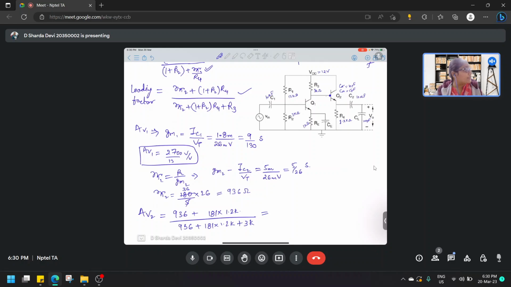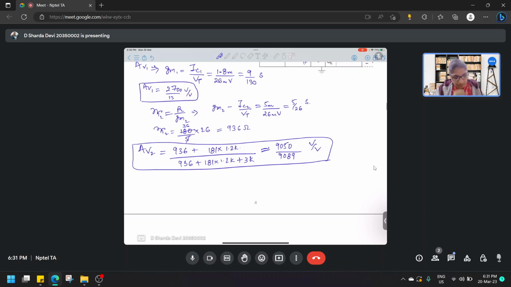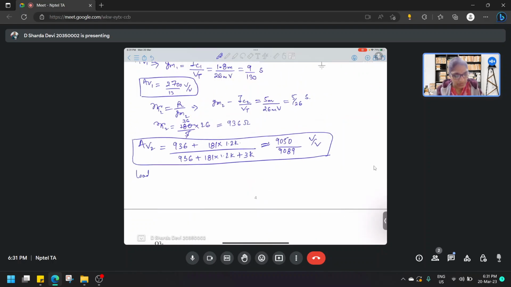So AV2 turns out to be close to 9050 by 9089. That is what we get as AV2, volts by volts. Now we have to find the loading factor.